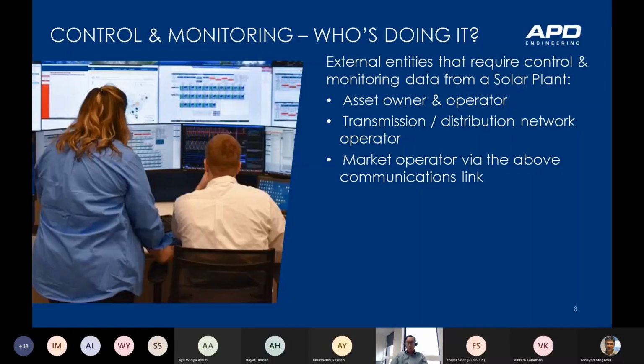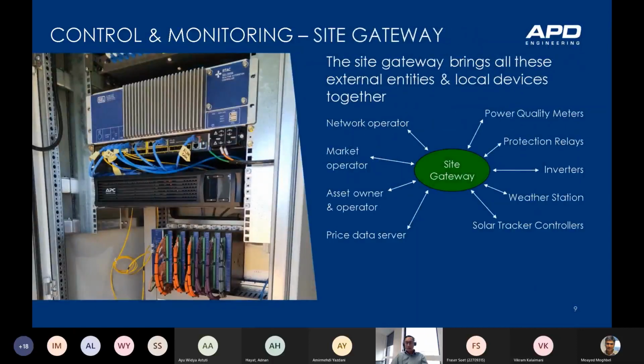So that's who's interested. And I think we've talked about the local devices, but what brings the local devices and all these external entities together is a device called a site gateway. The site gateway is a device that communicates to all these local devices and external entities, so they can exchange data and information as required.